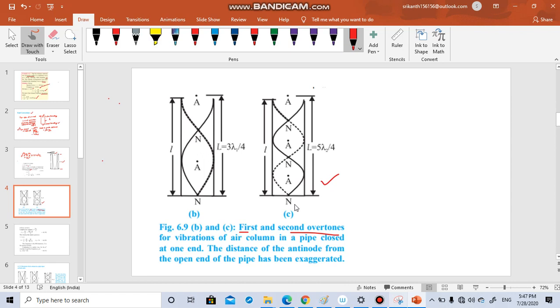Overtones doesn't mean it is the next frequency. Again I am telling, fundamental frequency will be there. First harmonic, second harmonic, third harmonic can be there, like that. But when you talk about the first overtone, it can be the second harmonic, it can be the first harmonic also, depending upon the situation. So here two situations we have taken. We are calling the left side figure the first overtone, and the right side figure the second overtone.